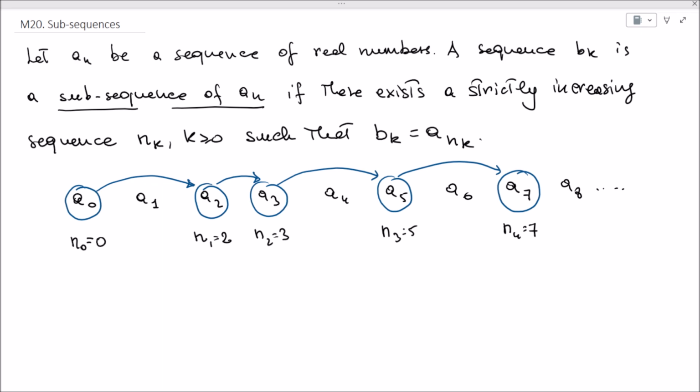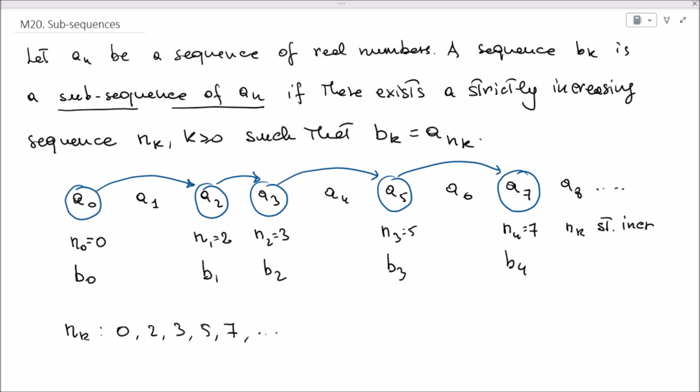So the first element, a0, that we have selected, is basically b0. This is b1. This is b2. This is b3. This is b4. So you see that we have this sequence of n_k, which is strictly increasing. In fact, if we rewrite the sequence n_k here, we have 0, 2, 3, 5, 7. And we clearly see that this sequence is strictly increasing.